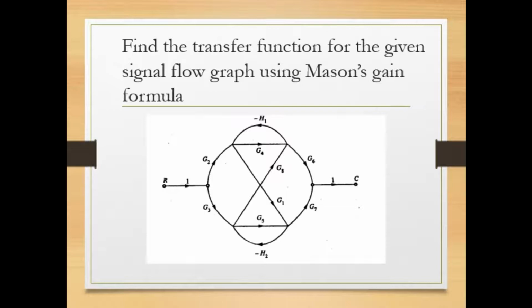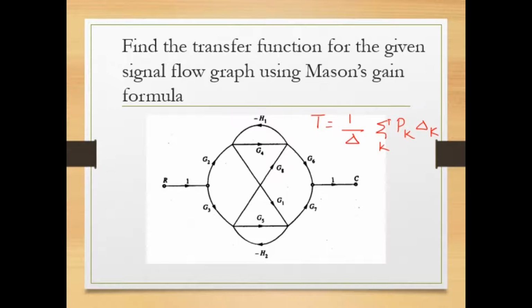Next, find the transfer function for the given signal flow graph using Mason's gain formula. If we observe this particular signal flow graph, we can see that there are many forward paths. To find the transfer function using Mason's gain formula, first we write the formula, that is T is equal to 1 over delta summation of Pk delta k, where k is the number of forward paths.